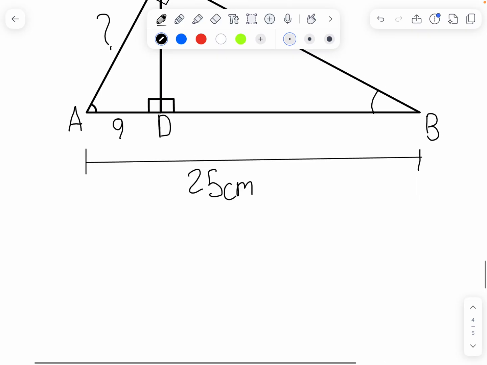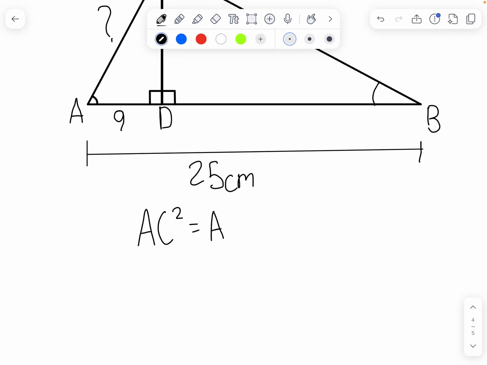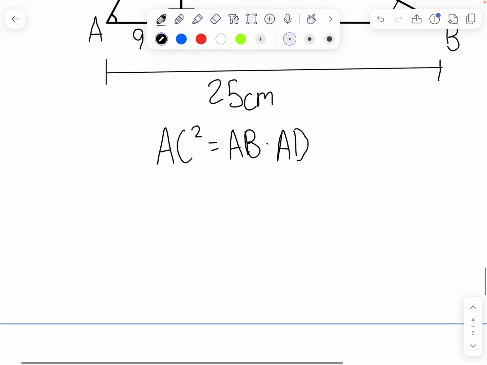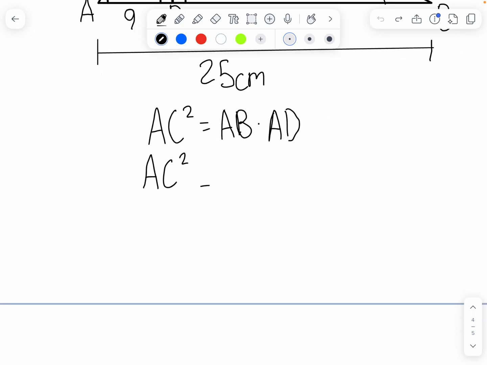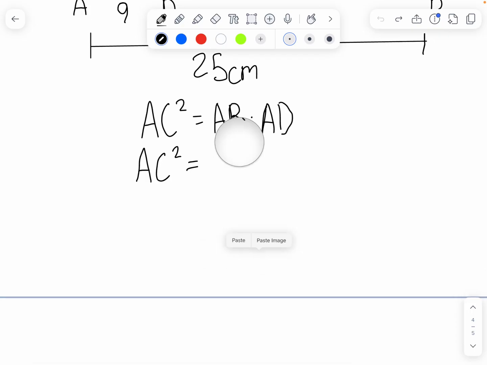So for this question, we'd use AC squared equals AB times AD. So AC squared equals 25 times 9, which equals 225.